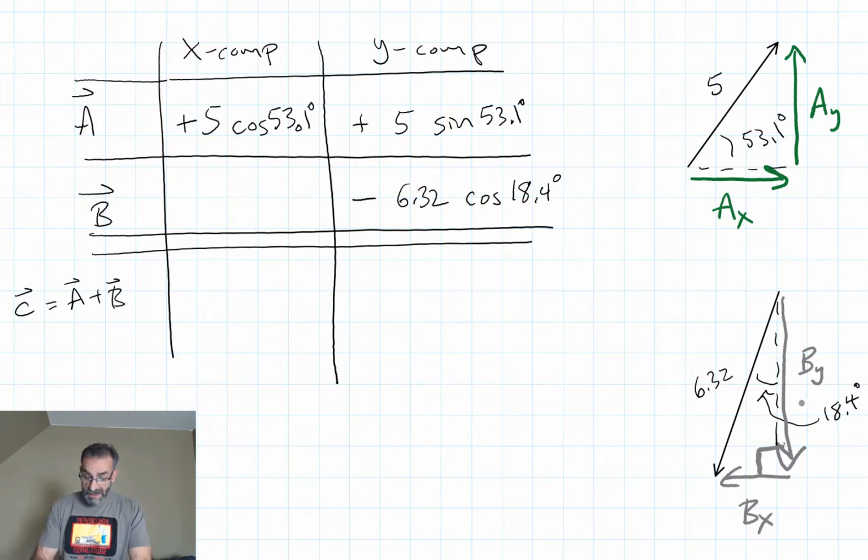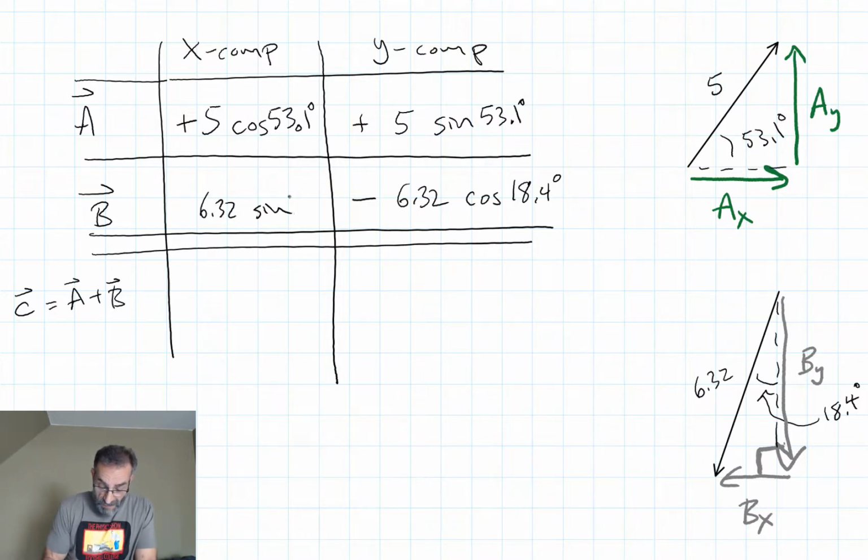And I can see that the angle that was given, 18.4, the adjacent side is my y component, and the opposite side is my x component. So this would be 6.32 sine of 18.4 degrees, but you have to remember to put in the minus sign if it points in the minus direction.